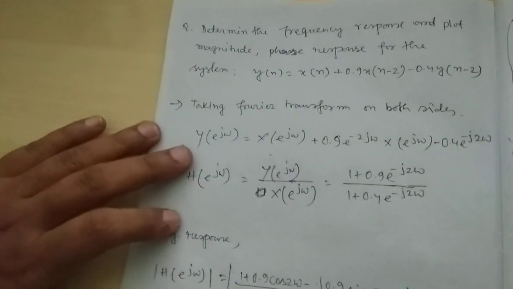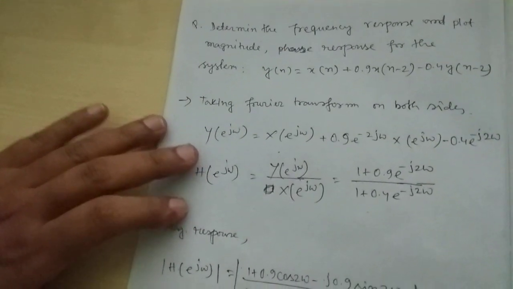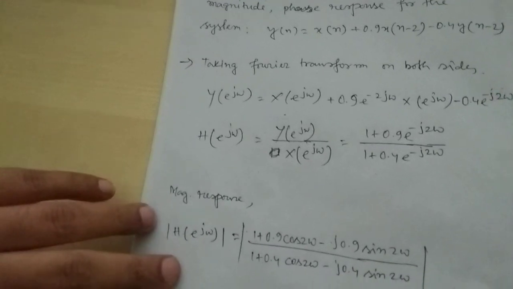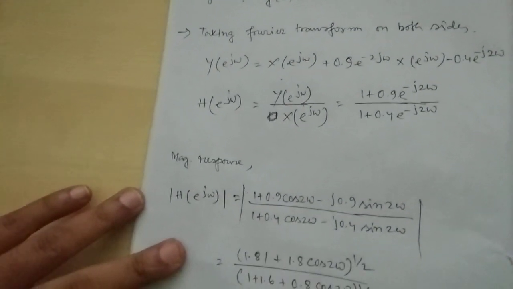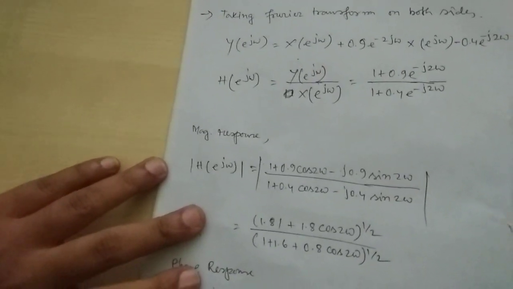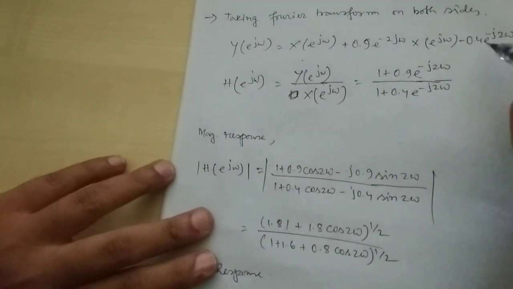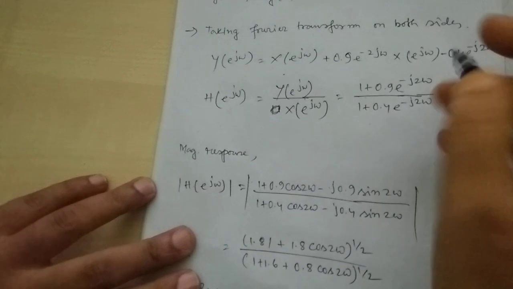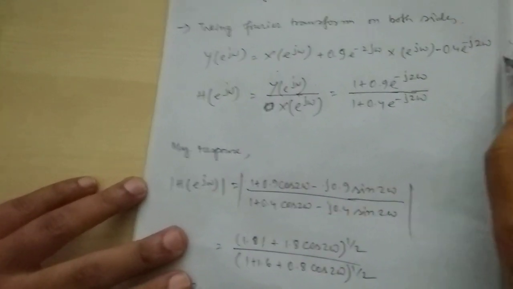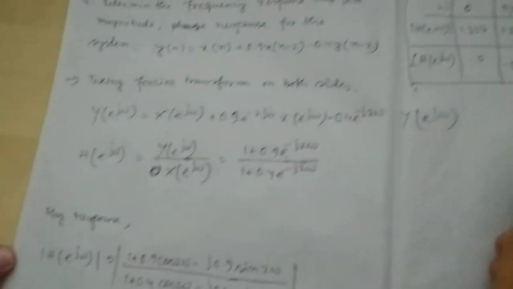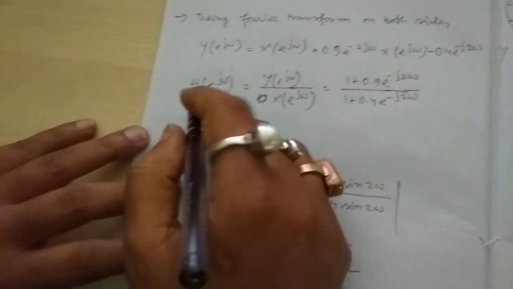After taking the Fourier transform, it comes y of e to the power j omega equal to x of e to the power j omega plus 0.9 e to the power minus 2j omega x of e to the power j omega minus 0.4 e to the power minus j2 omega into y of e to the power j omega.